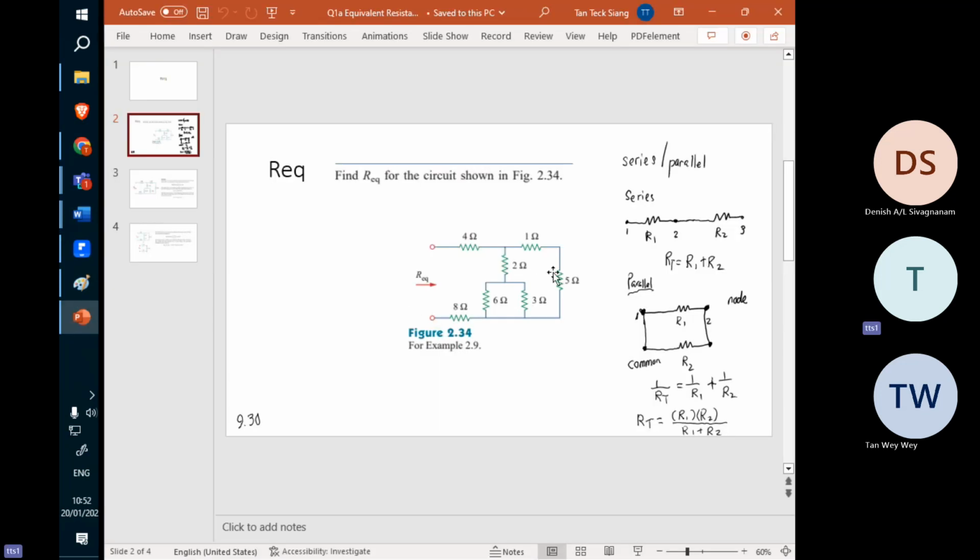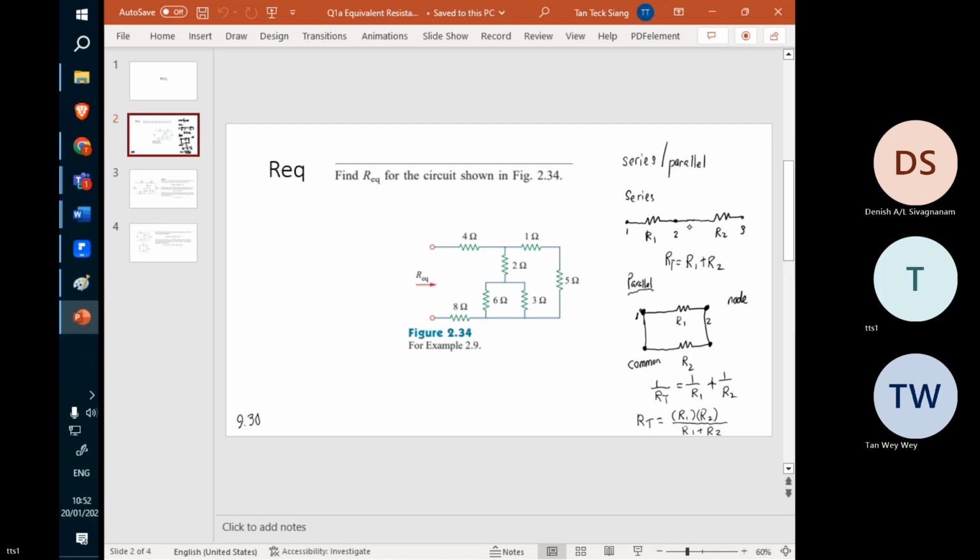Let me give you some background information. If resistances are in series, that means they are connected in one line. You can tell by counting the number of nodes. One resistor has two terminals, right? When you join two resistors together, they only form three nodes, because the center one they share. We call this the common node.